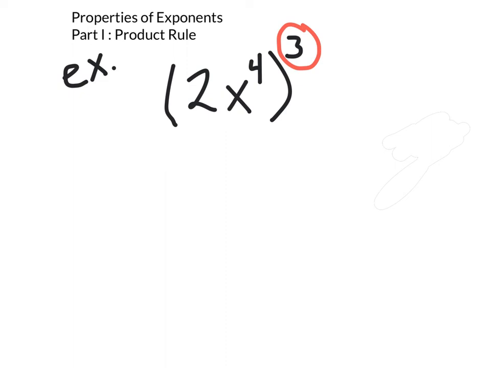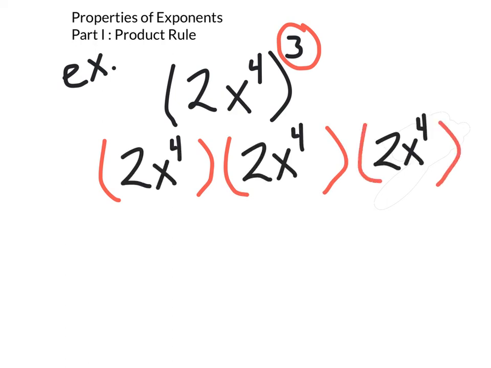That 3 on the outside literally means that I want to write this thing 3 times. 1, 2, 3 times. After I've completed writing it, you'll notice I've literally just copied what was on the inside here 3 separate times. Now I can go ahead and use the product rule to finish this up.